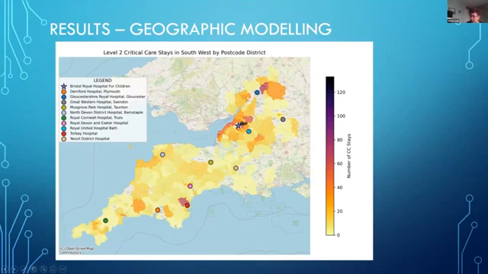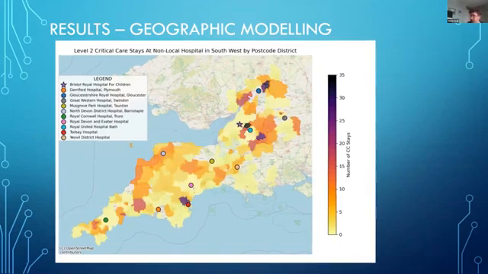And there's quite a large distance to travel from the southerly parts of the region to receive that level 2 critical care. I think this demonstrates the inequality in terms of geographical access to that level 2 care quite well.